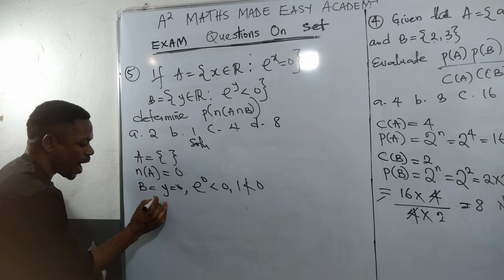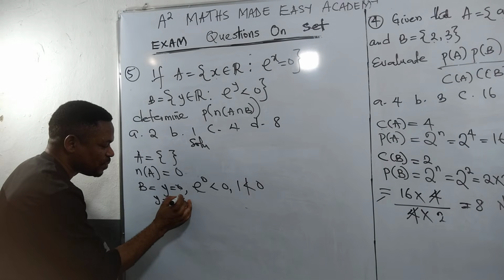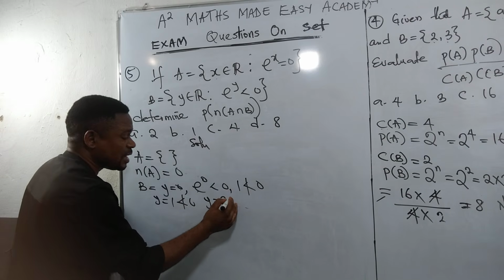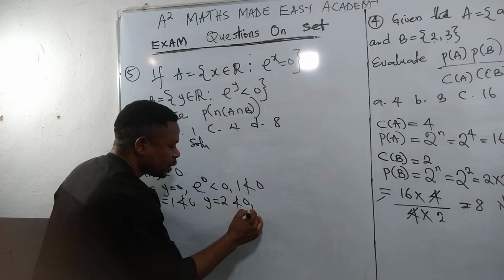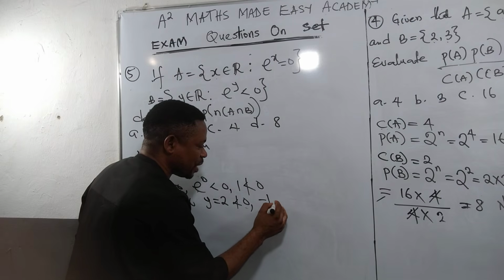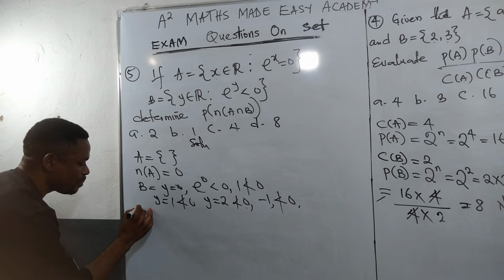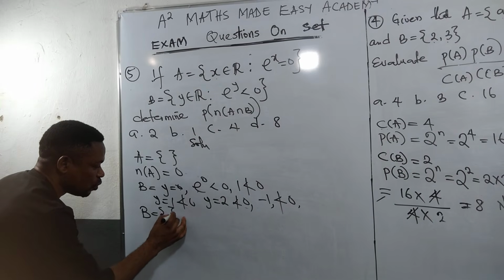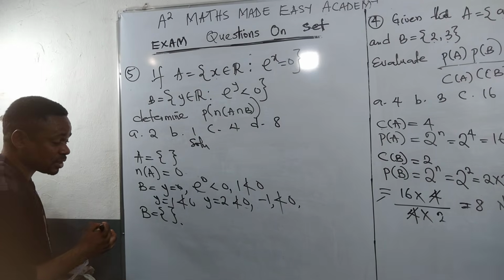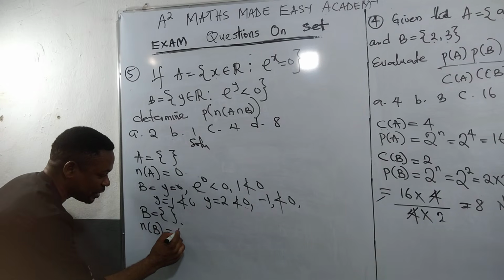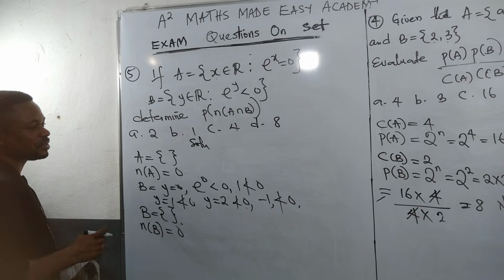If I consider y to be 1 or 2, it can never be less than 0. If I consider the negative aspect, it can never be less than 0. So set B has no member, which means it is an empty set. Are you with me? So what is the cardinality of set B? Oh my goodness, it is 0.